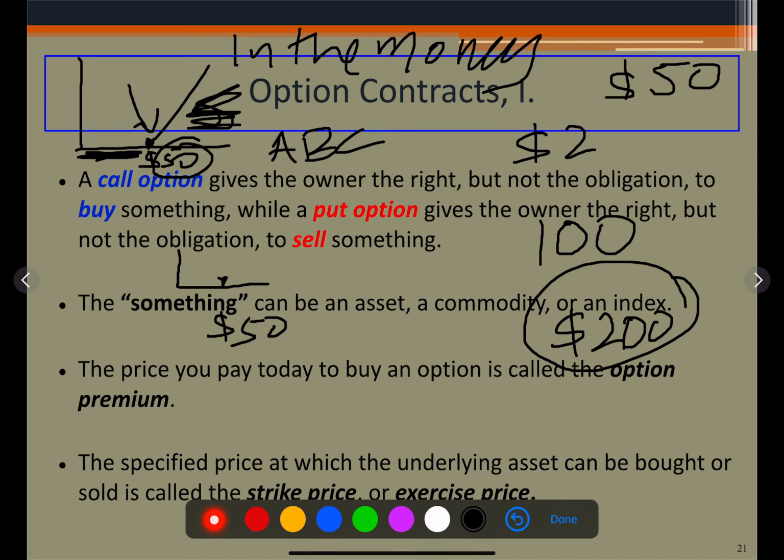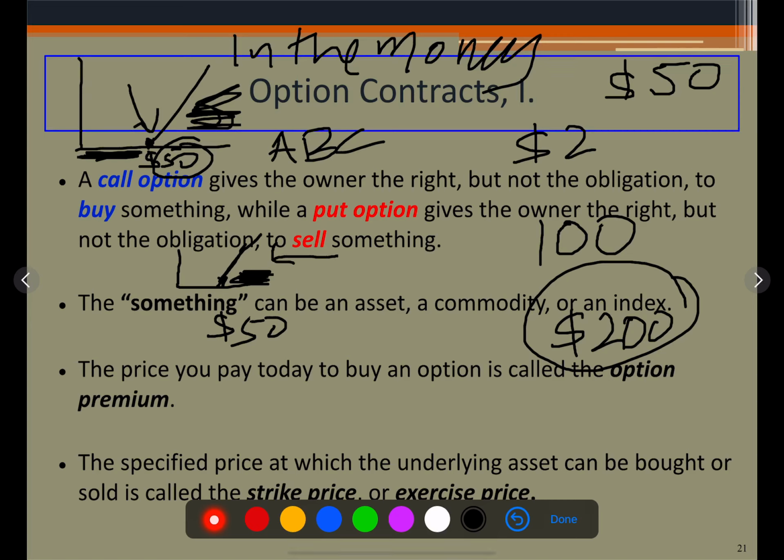Then if the price of this share which I already have is more than $50, I will simply go and sell these shares in the market because I will be getting more. I do not have to exercise the put option contract.